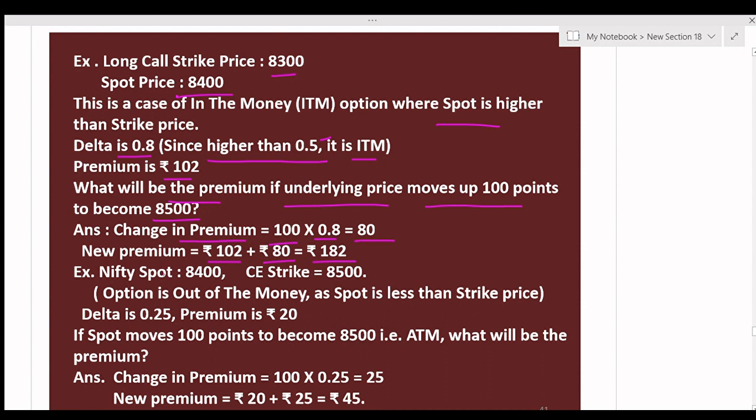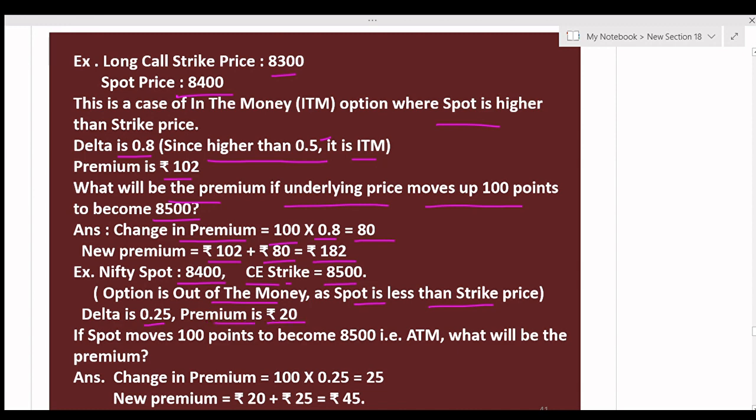Nifty spot is 8400. C, that is a call, European, strike 8500. The option is out of the money for a long call, and for a long put it is in the money, as spot is less than strike price. Delta is 0.25 because it is an OTM situation, and the premium is low, that is rupees 20.